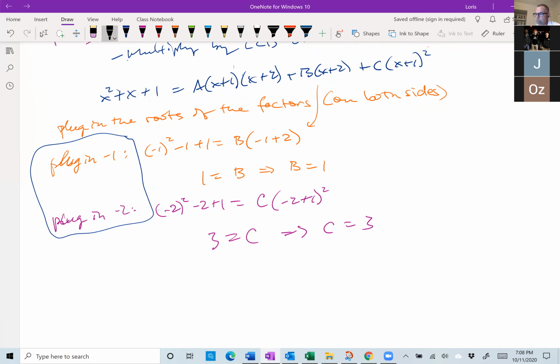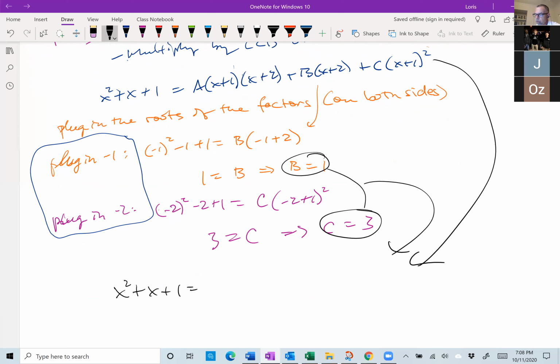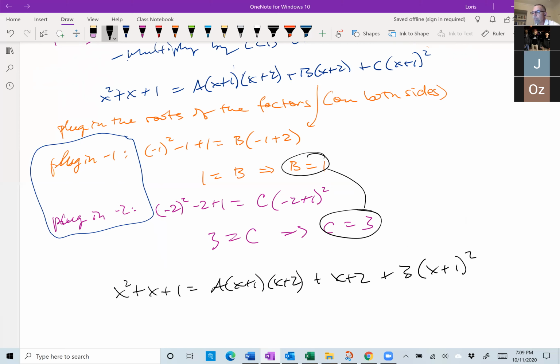So I get x squared plus x plus 1 equals a times x plus 1 times x plus 2 plus b times x plus 2. B is 1. And then c is 3, so plus 3 times x plus 1 squared. And I'm not going to multiply that out. I don't need to. There's no point. Okay, so now, once I've done that, I'm going to plug in 0 on both sides.